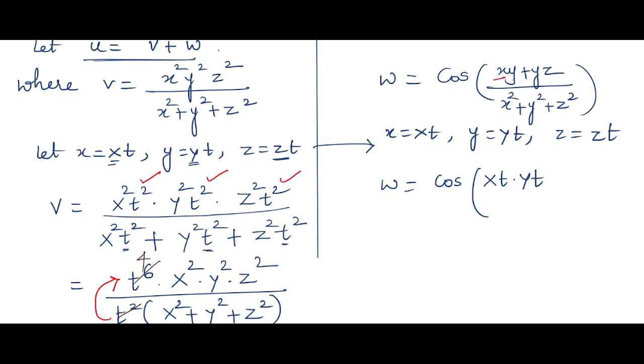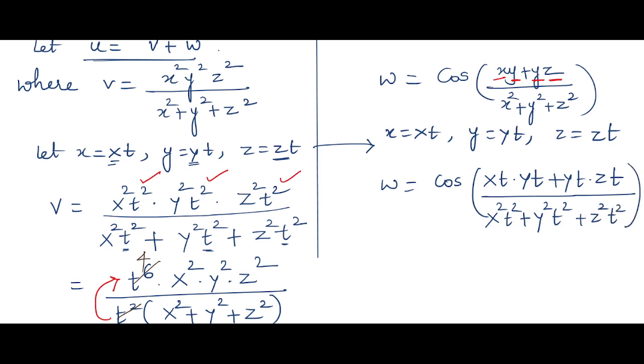So here x, y, similarly y and z we will substitute, yt into zt divided by x square t square plus y square t square plus z square t square.